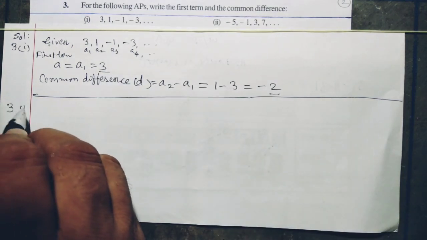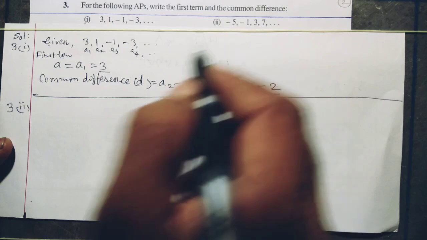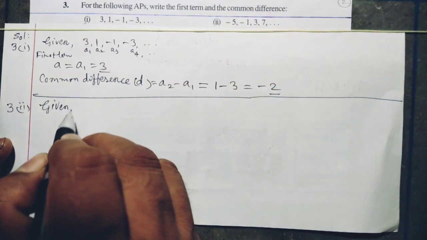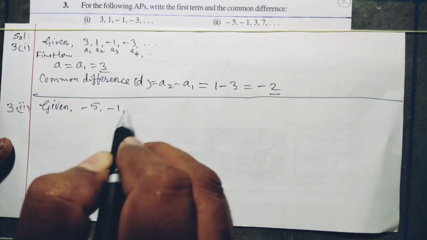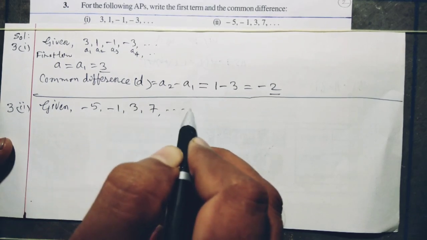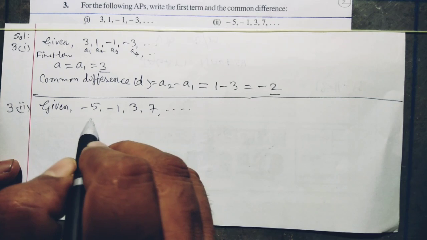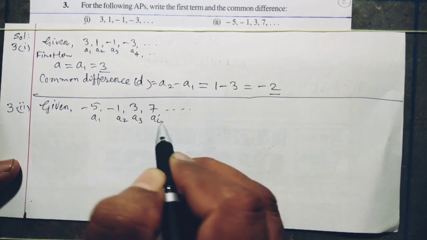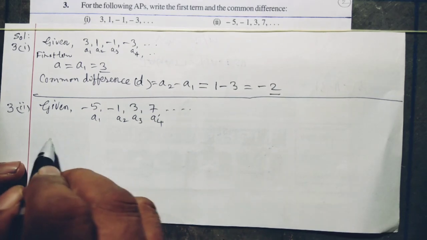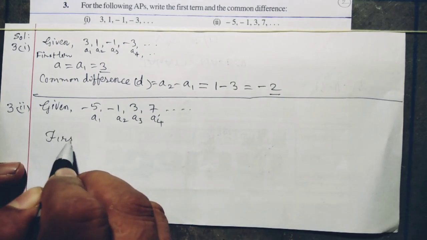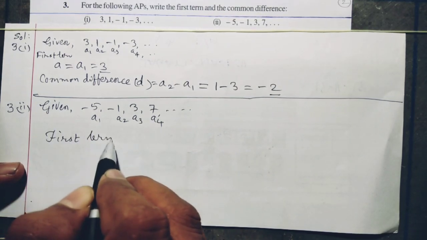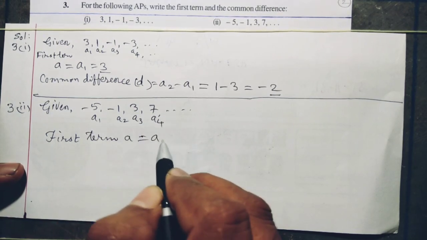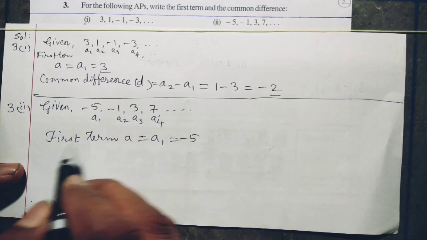Next, third bit, second problem. Given minus 5, minus 1, 3, 7 and so on. Here A1, A2, A3, A4 are the terms. So first term A is equal to A1 is equal to minus 5.